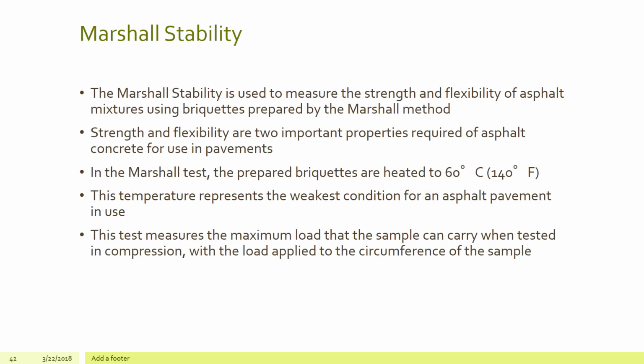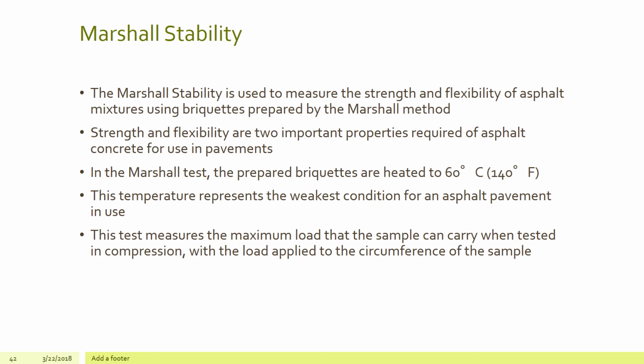The Marshall stability is used to measure the strength and flexibility of the asphalt mixes using the briquettes prepared by the Marshall method. Strength and flexibility are two important properties required of asphalt concrete for use in pavements. In the Marshall test, the prepared briquettes are heated to about 140 degrees Fahrenheit. This temperature represents the weakest condition for an asphalt pavement in use.